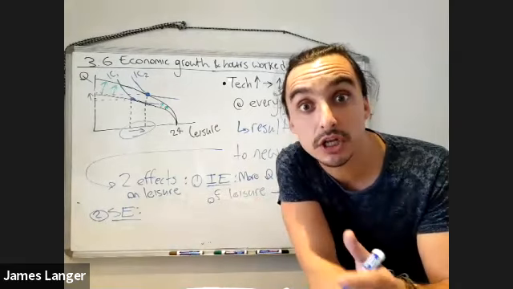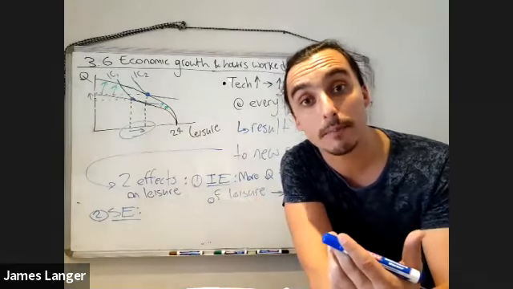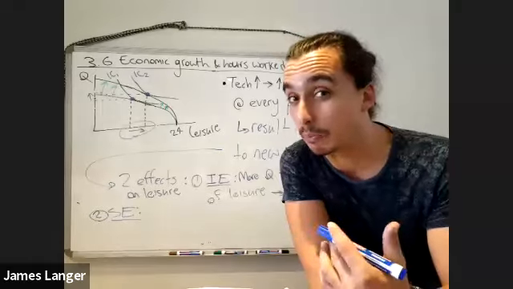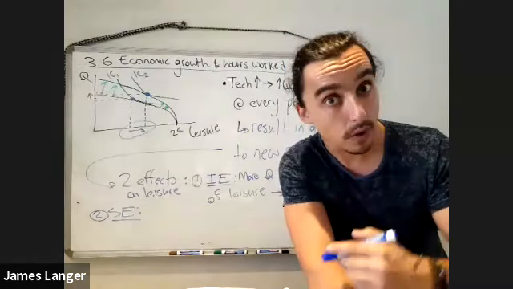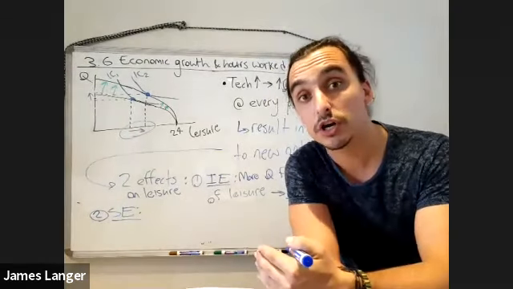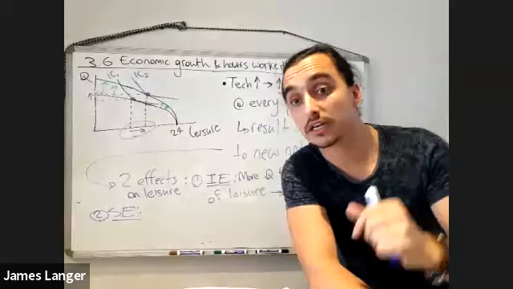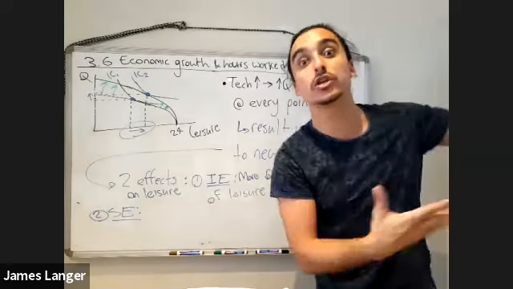If you decide to consume more leisure, you're going to be giving up even more output than you did before because things are more productive now. When you consume more leisure, you're not giving up 5 units like you did before, because with the new technology, we can produce more. You're going to give up 10 units.